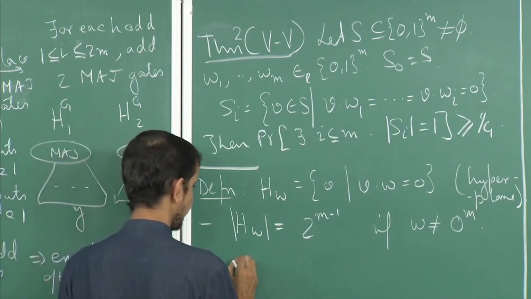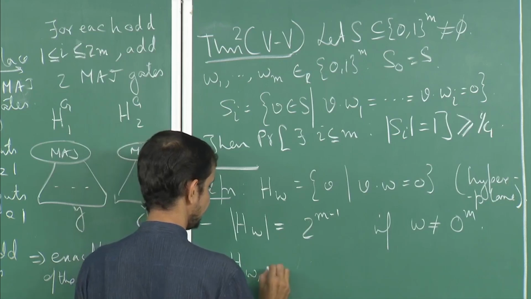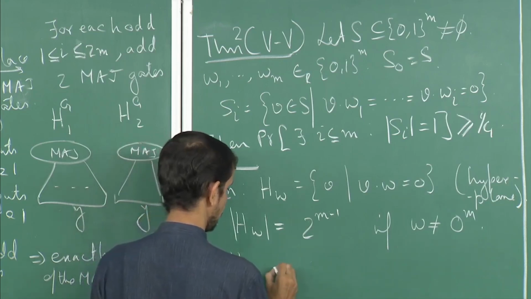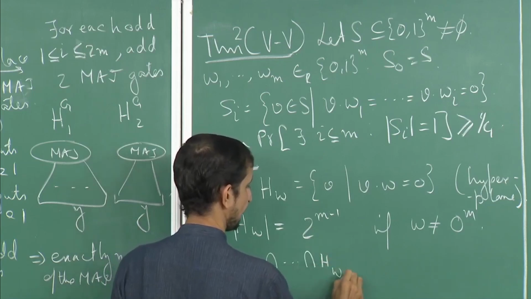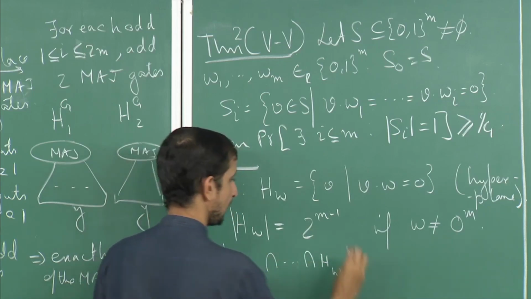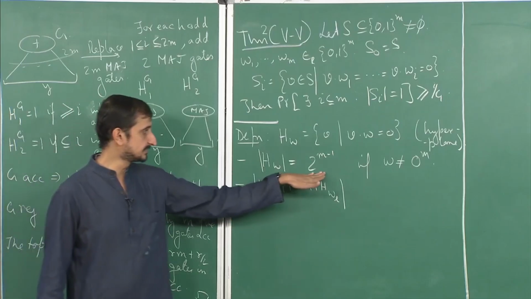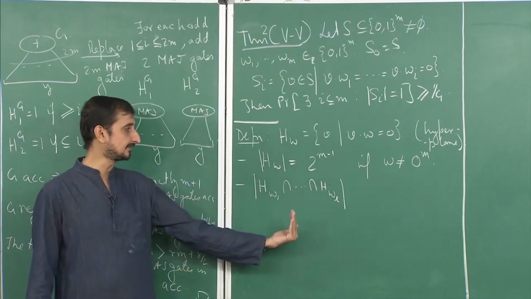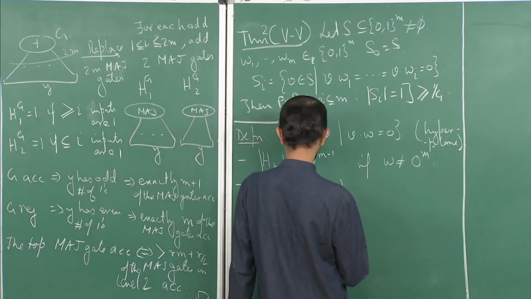Now, let us say I look at the intersection of these spaces, HW1 up to HWL. I have this space, and again I take another vector, and suppose they are all linearly independent.